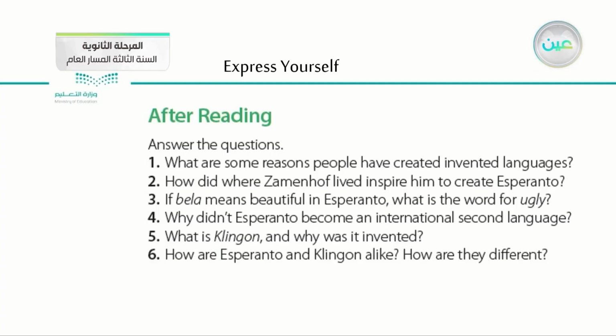For example, we have reasons and created invented languages. These are the key words. So to find the answer, we should keep these words in mind, go back and scan throughout the essay to find them and see if we can get the answer or not. And we did the same with the rest of the questions.